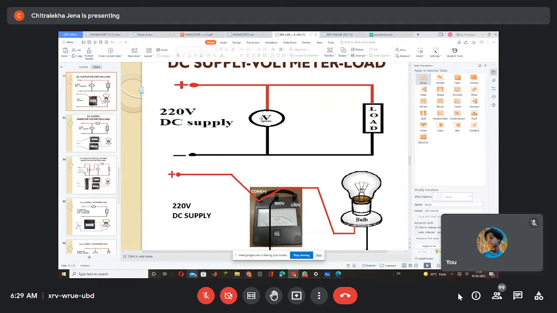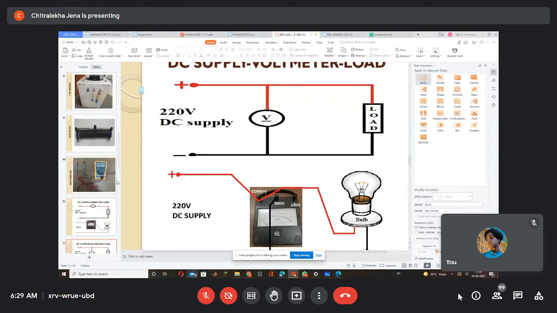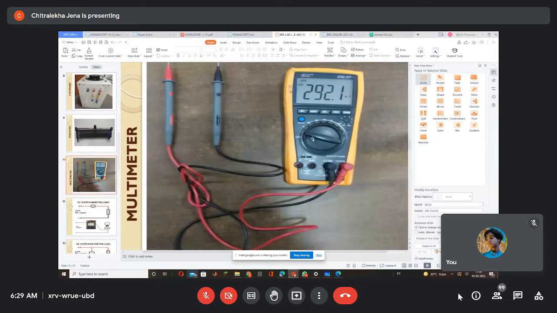See, multimeter has different positions, right? It's not that you will set it in the current position and measure the voltage. You cannot do it. So when you are setting it in the voltage position, at that time the resistance is high.